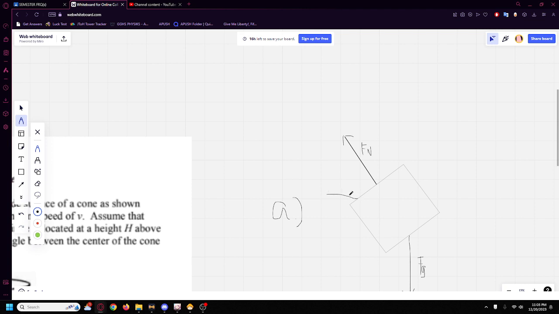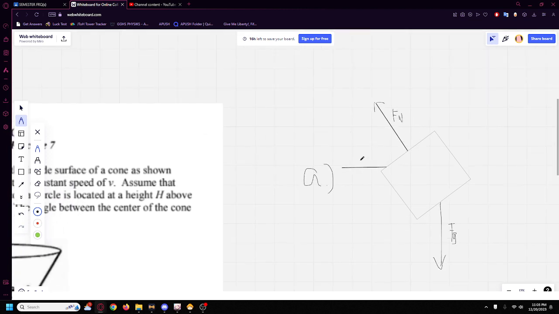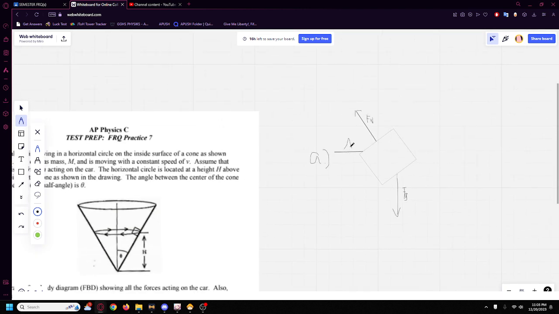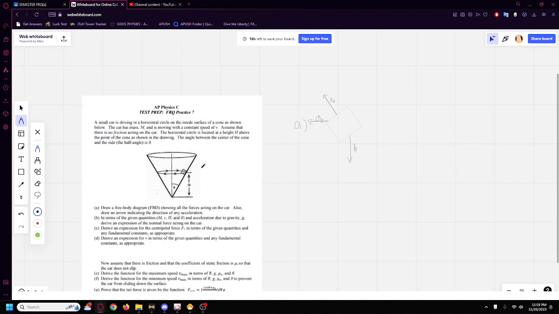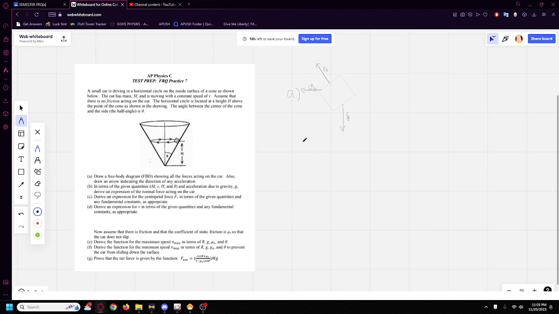And a_c, the centripetal acceleration, points straight to the center, which is left in this case. That should be lowercase. That's part A.